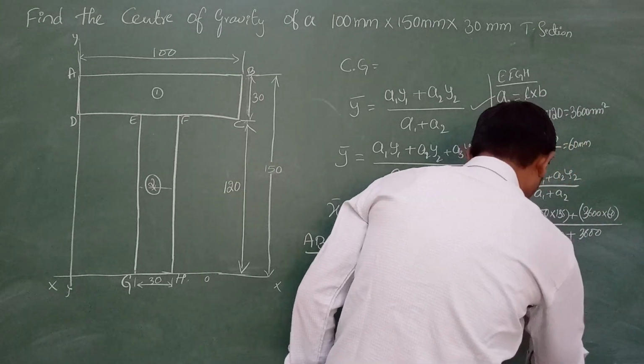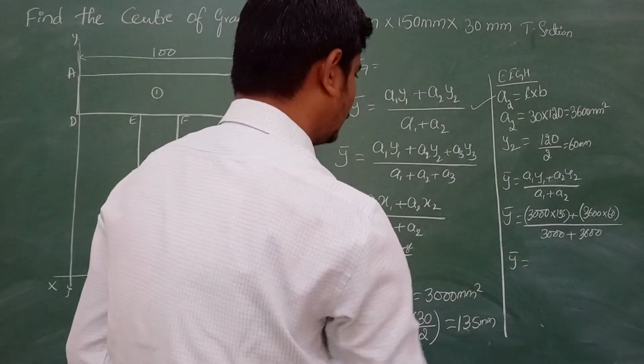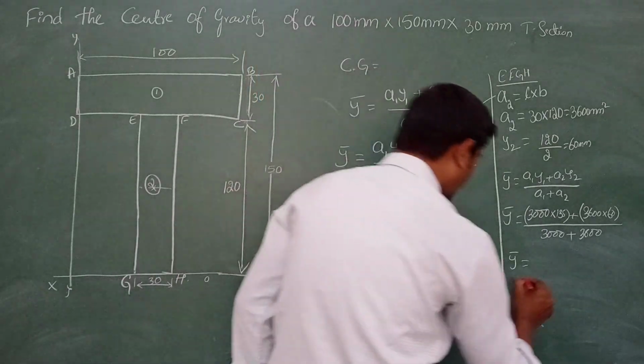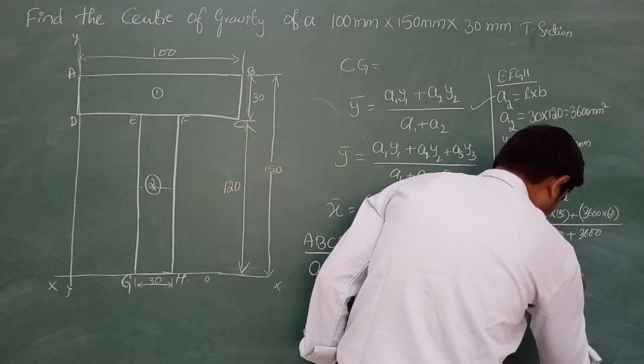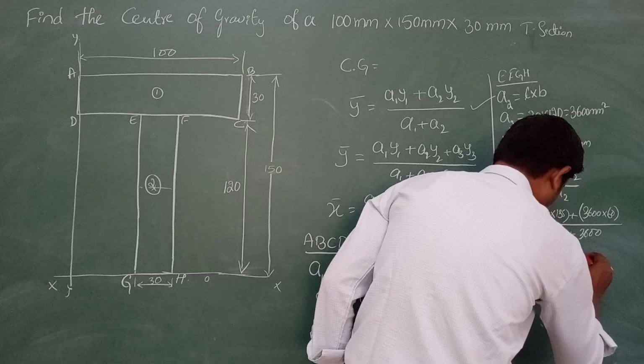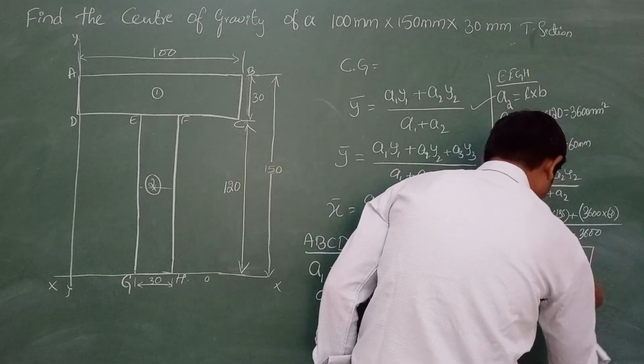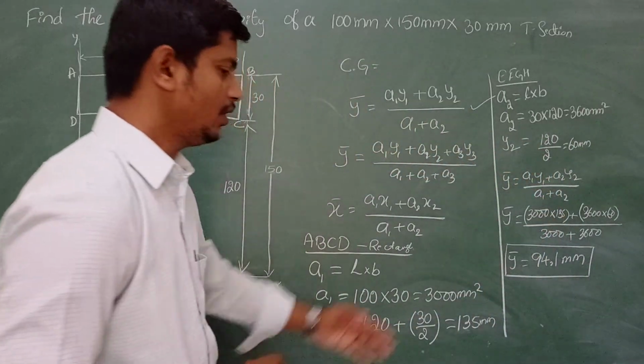So Y dash becomes 94.1 mm. This is the center of gravity along the y-axis.